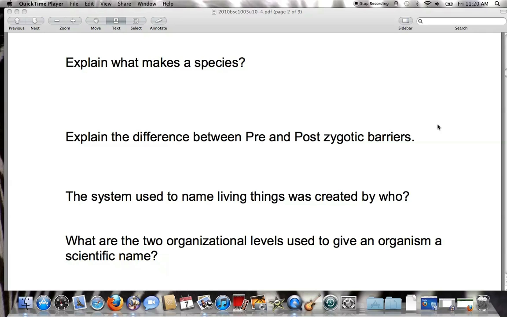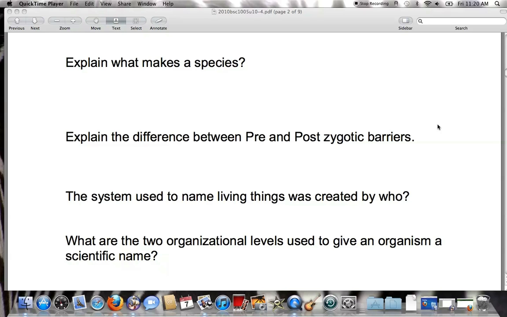Post-zygotic barriers would be barriers which form after the fertilization process has occurred and a zygote is formed. And that would be basically the organism that is produced is sterile.